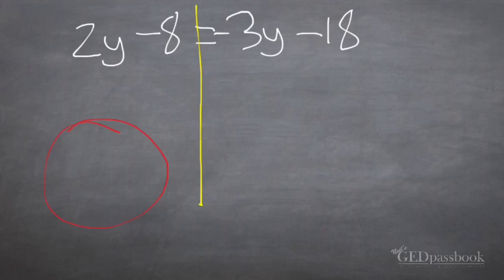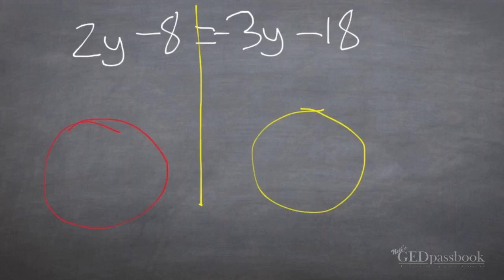So just think of that side as one neighborhood, right? Let's say that's the west side, right? And on this side of the equal sign is, let me use a different color, the east side, right? So you have west side and east side. You have it like that.